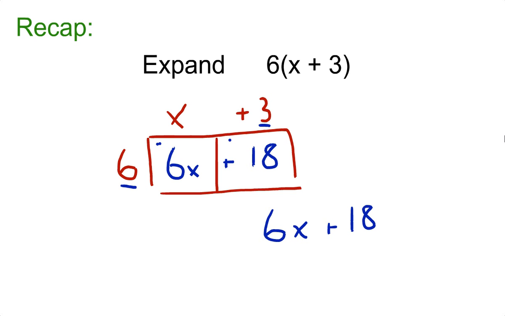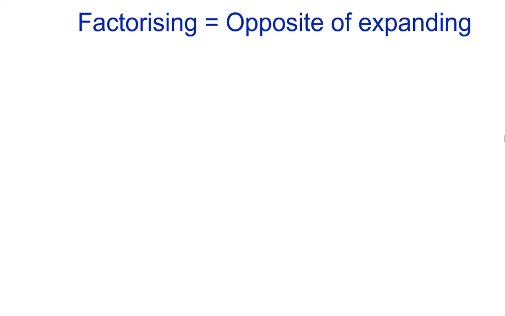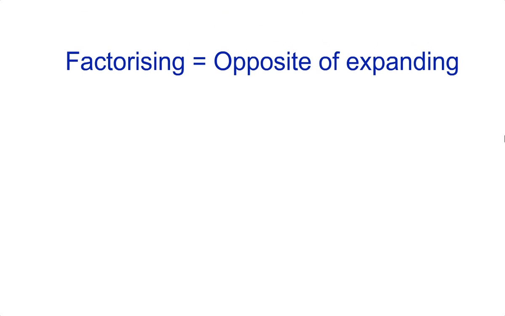Now, if you can remember from lessons, when we say expand, it means get rid of the brackets. So, what's going to happen when I say factorise? Well, factorising is the opposite of expanding.